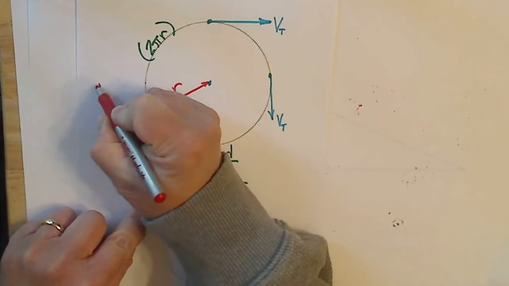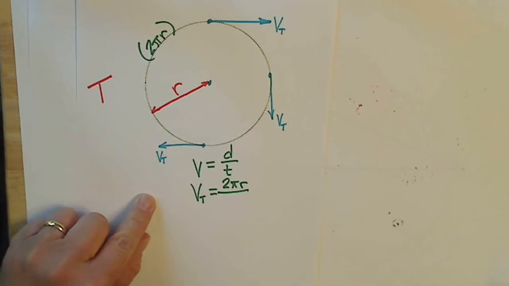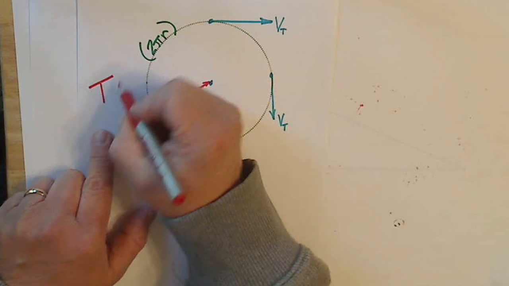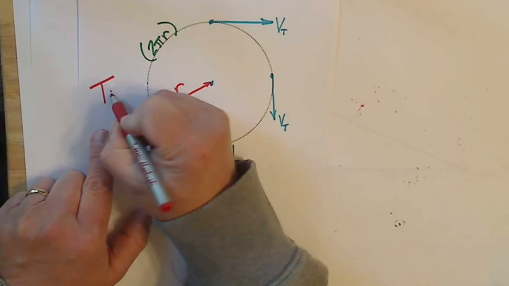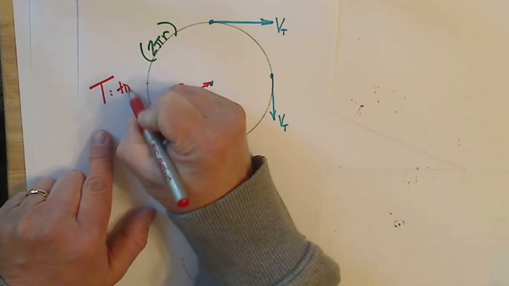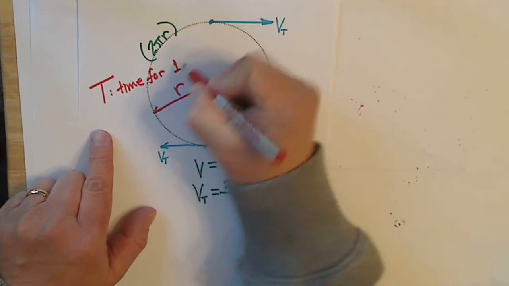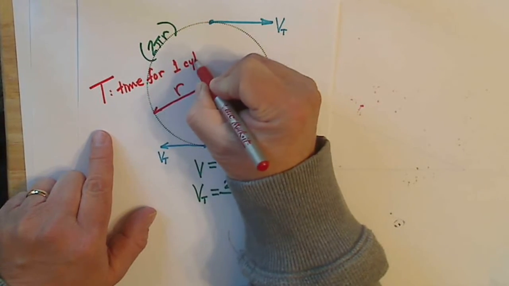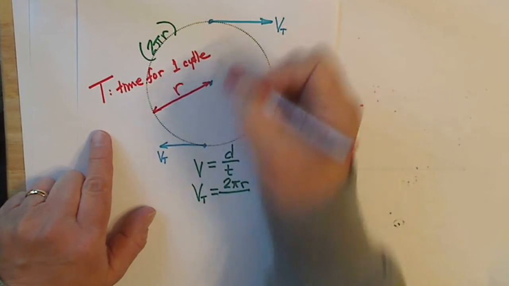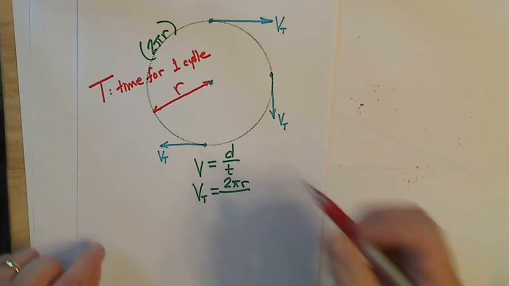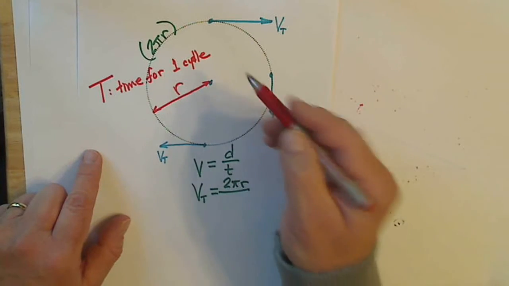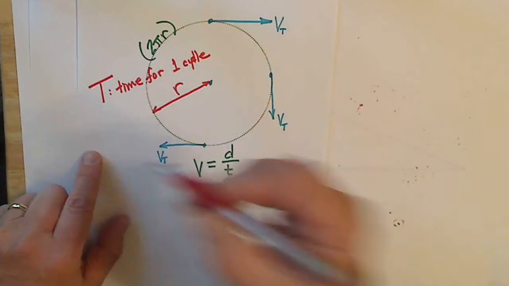So the period, the symbol is capital T, kind of like time, but capital. And that is the amount of time for one cycle. C-Y-C-L-E. Oops, sorry about that. Bad typo there. That's the amount of time it takes for one complete circle, or one cycle.